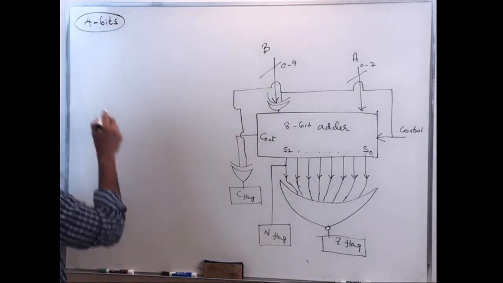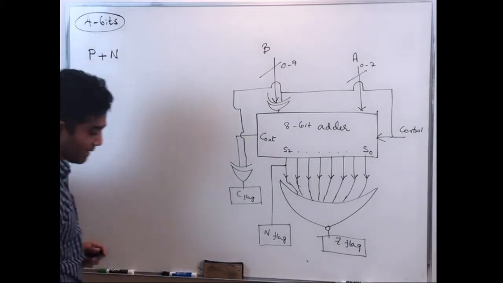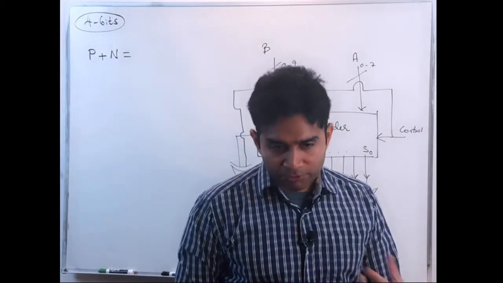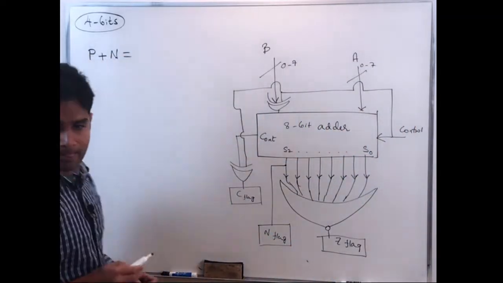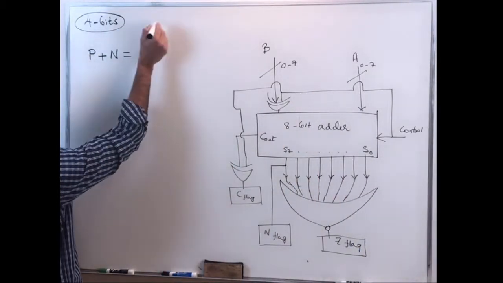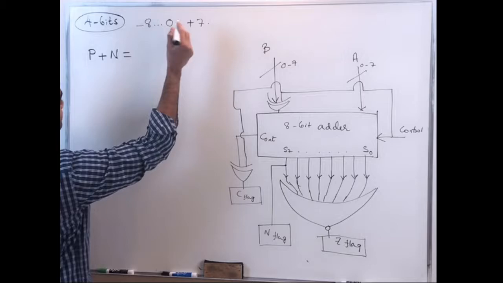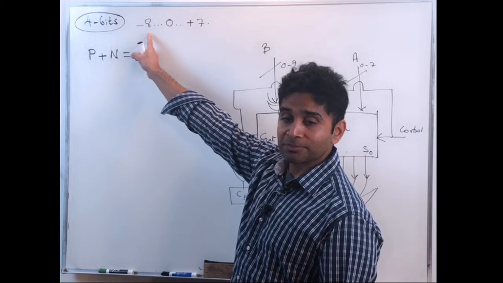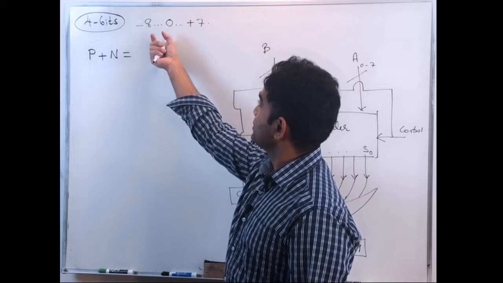When I'm adding a positive number to a negative number, will I ever have an overflow? The range with 4 bits we saw is -8 to +7, right? So you take any number on the positive side, add it to the negative side. Is there a possibility for the result to fall beyond the range?